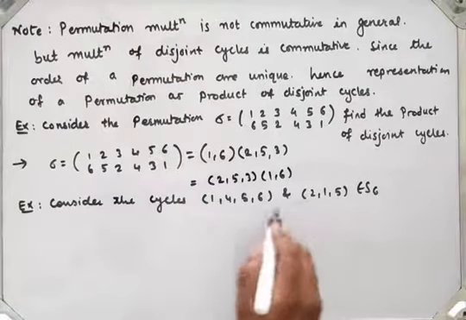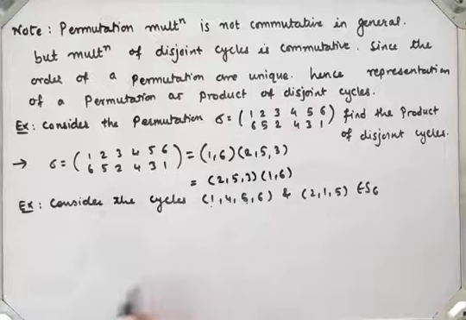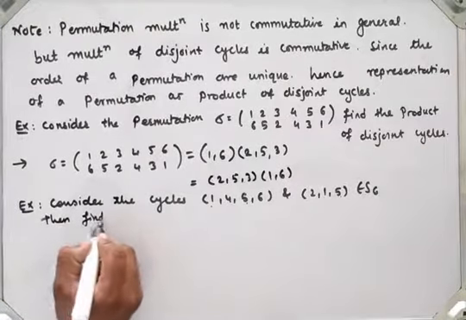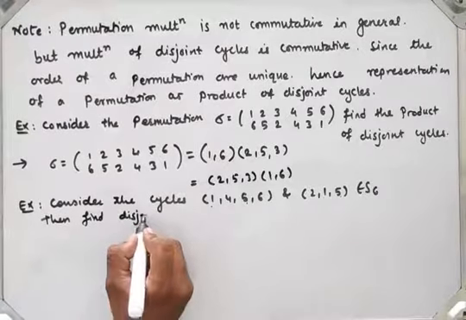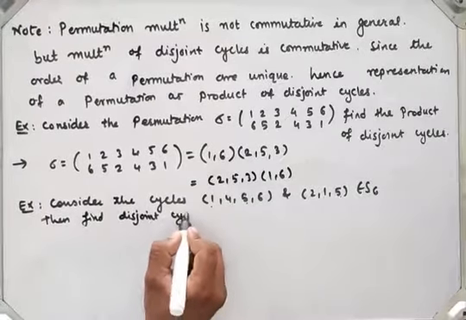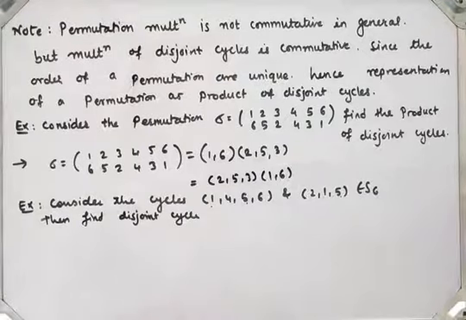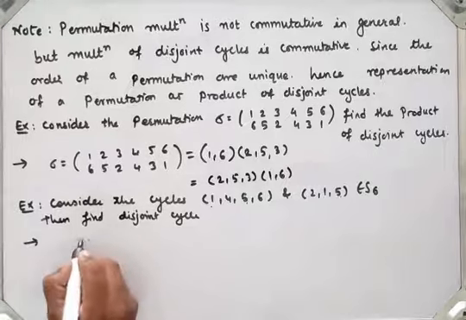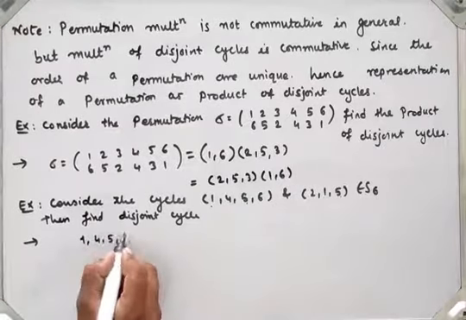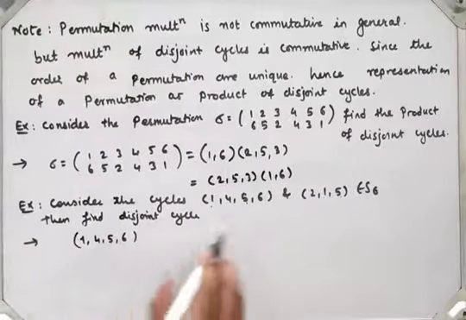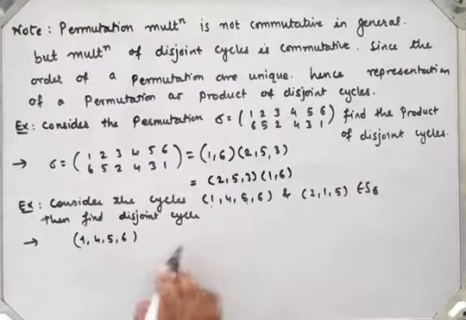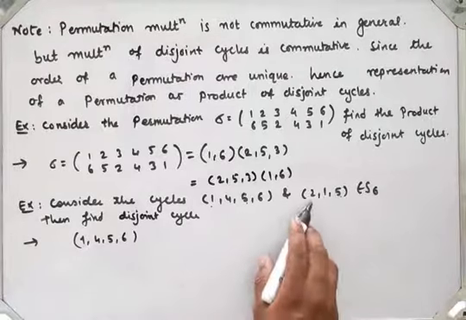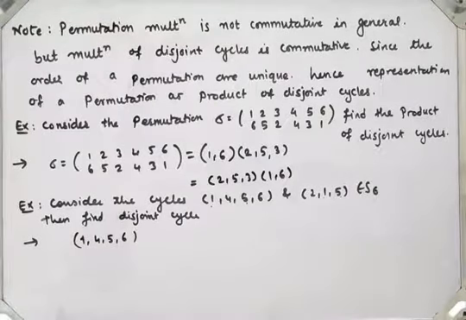These two cycles are not disjoint, since 1 and 5 are common. So these are the two cycles belonging to S6. Here (1 4 5 6) is a cycle of length 4, and the second cycle is (2 1 5).